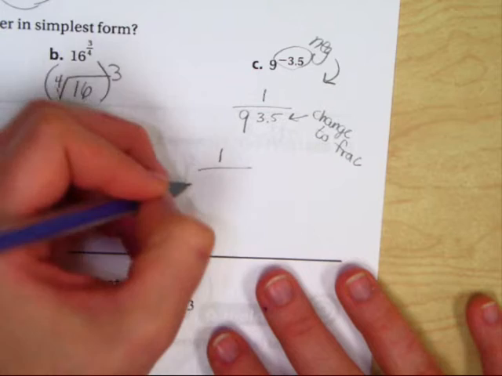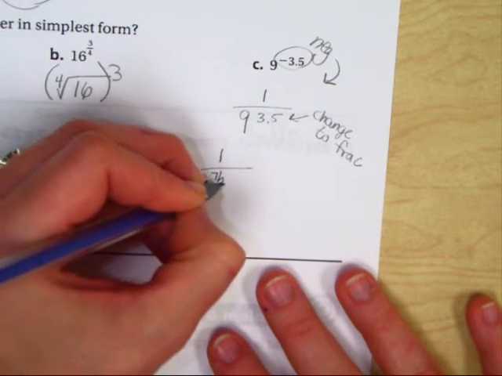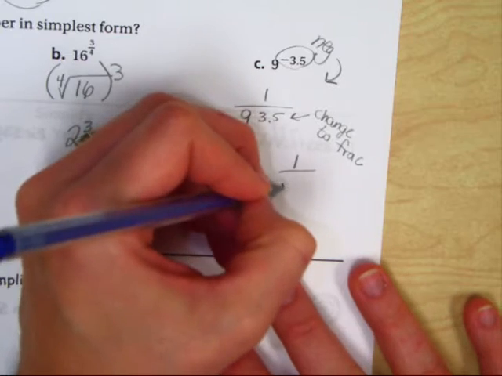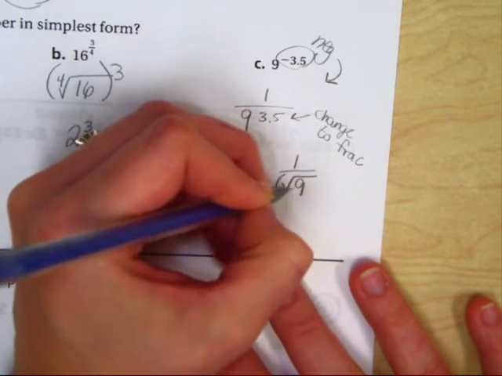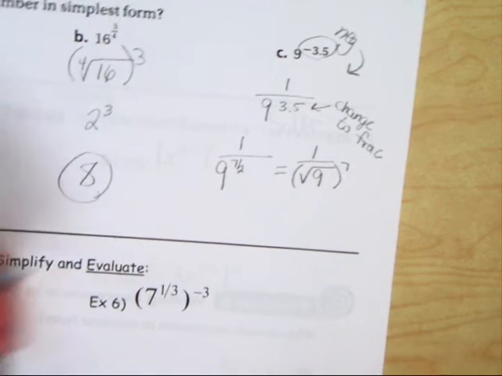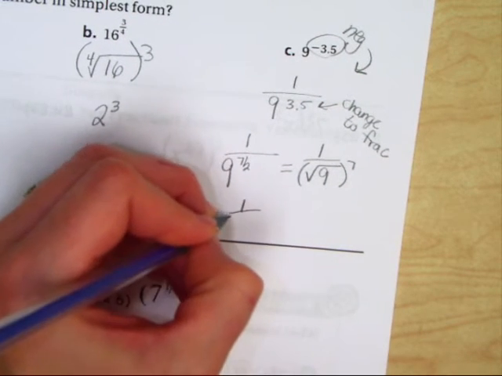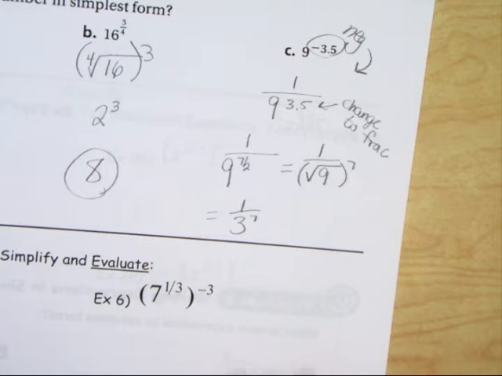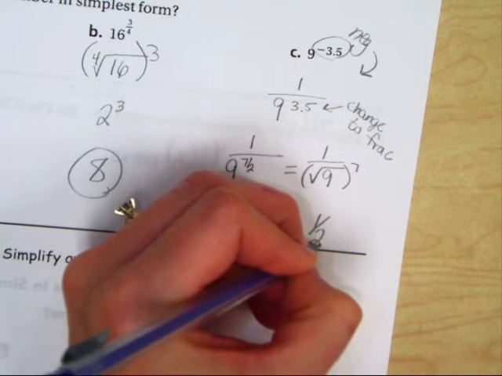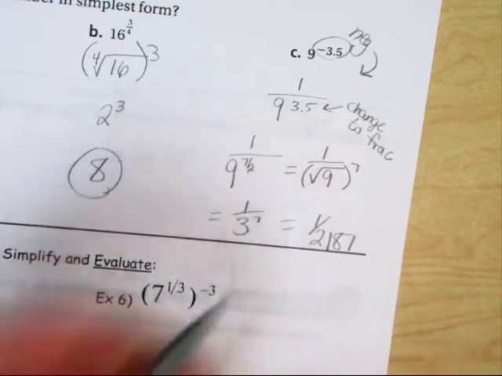That's 1 over 9 to the 7 over 2. Okay, keep going. That's 1 over the square root of 9. And then we'll take it to the 7th power. That is 1 over 3 to the 7th power. That's 1 over 2,187.